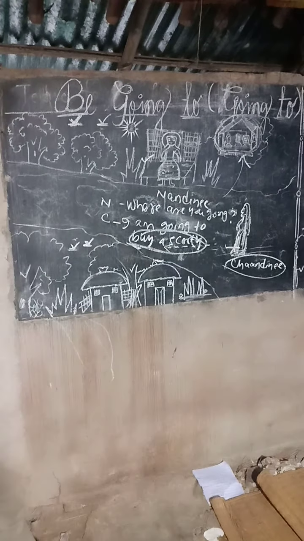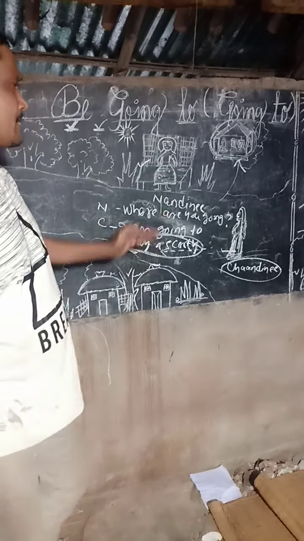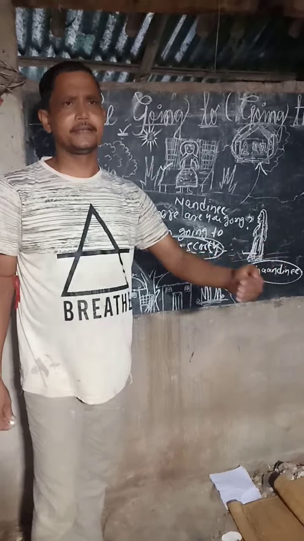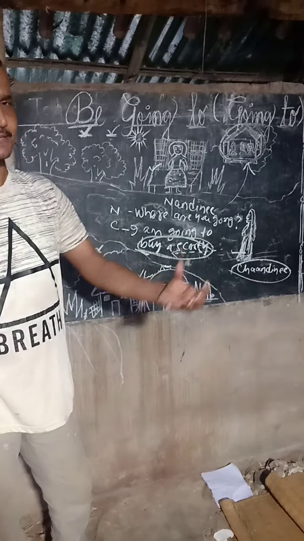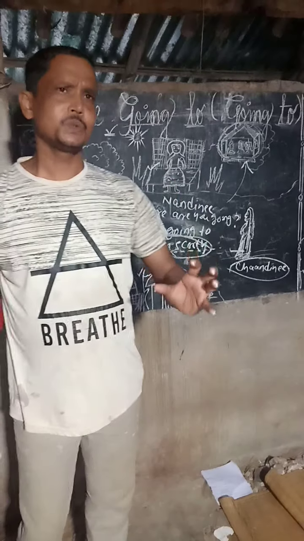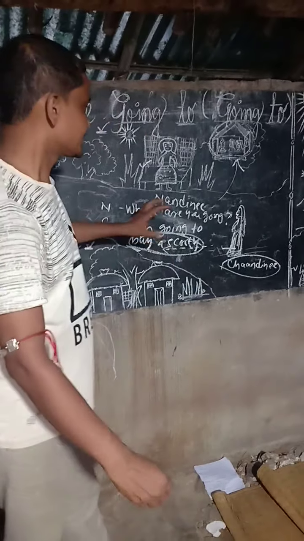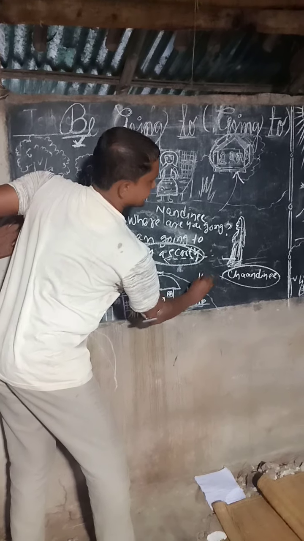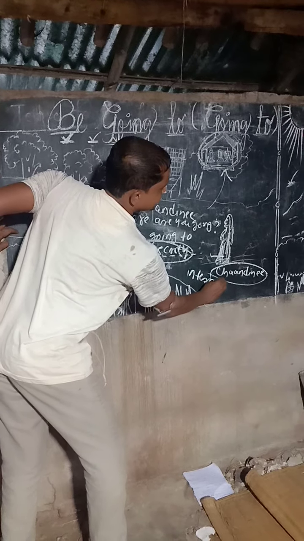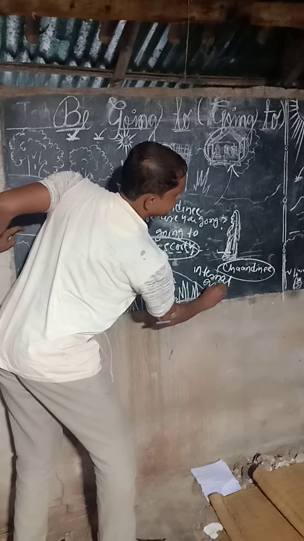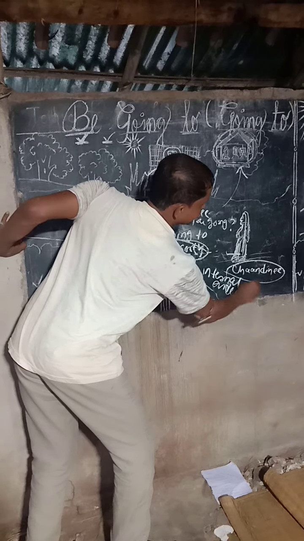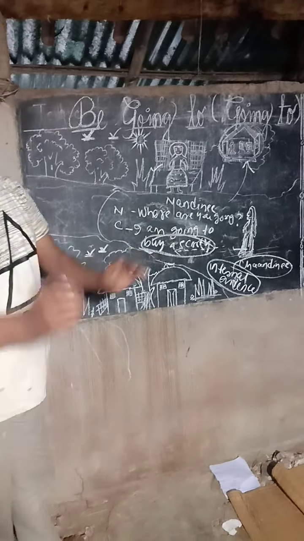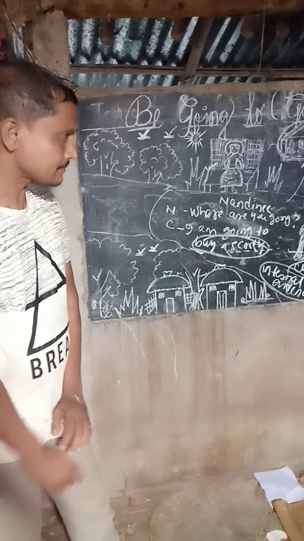Only for this reason, when the speaker has decided to do something in the future before the time of speaking, we use going to or be going to. This rule is known as internal evidence.